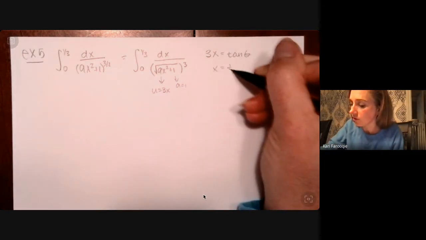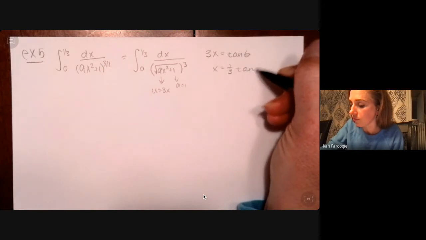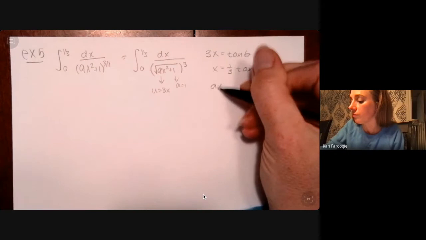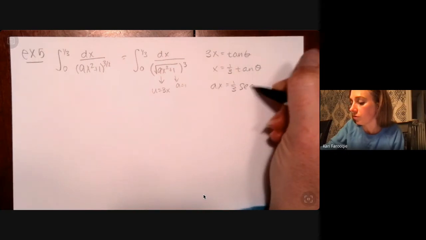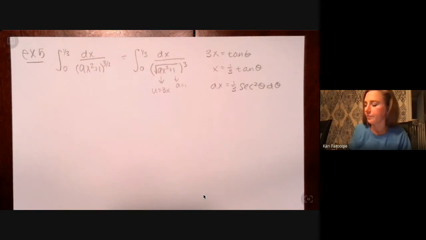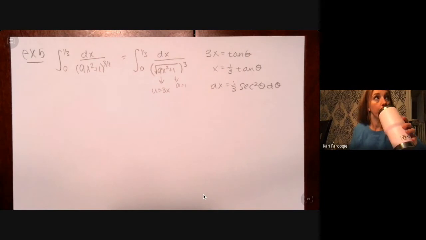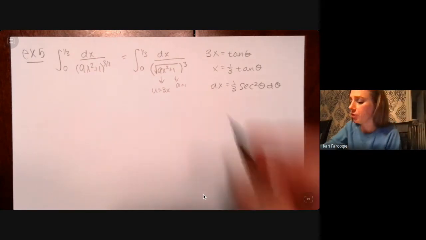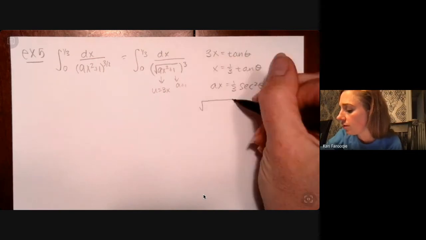And then x is 1/3 tangent theta. dx is 1/3 secant squared theta d theta. Now, if u is a tangent theta, then your radical is going to be a secant theta.